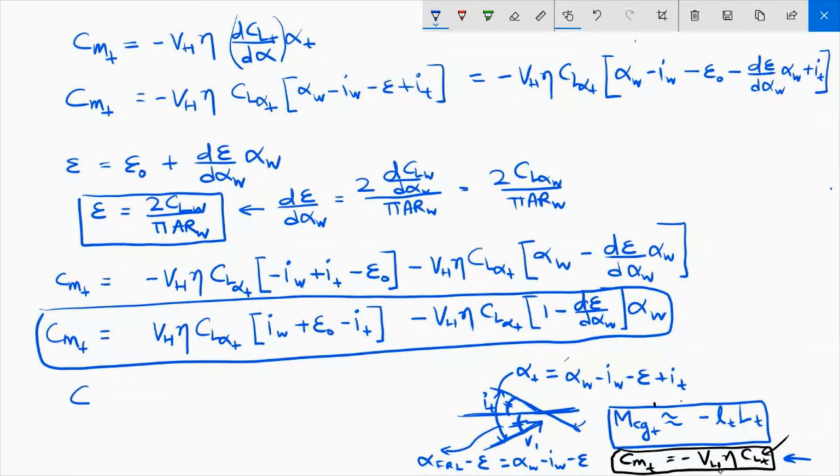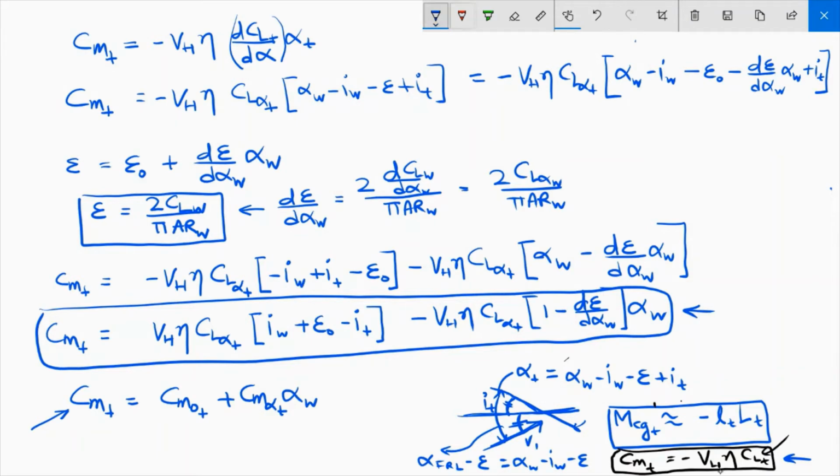Okay, so we know that CMT is equal to CM0T plus CMαT times αW. So we want to compare this expression with the linear relation between the moment coefficient due to the tail and the angle of attack. So when we make this comparison, what do we see?